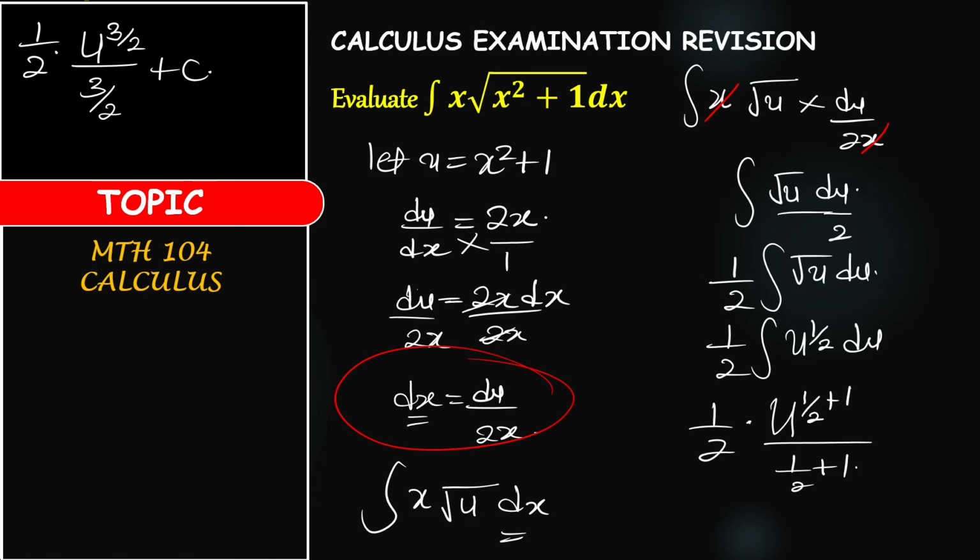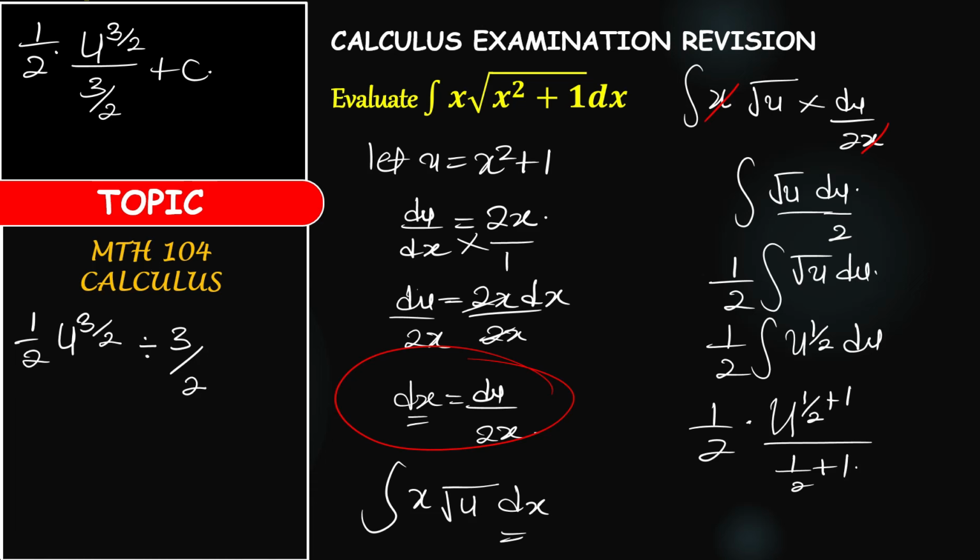So now you have half u to the 3 over 2, then divided by 3 over 2.